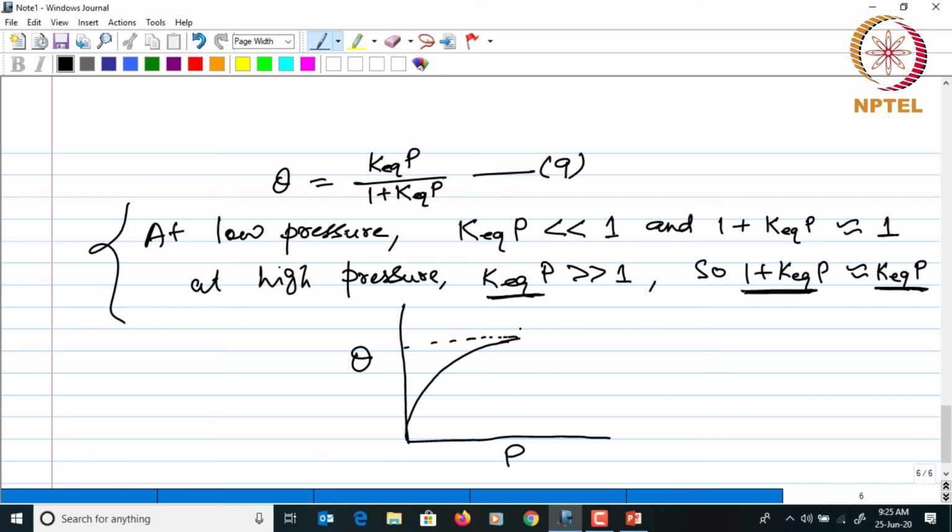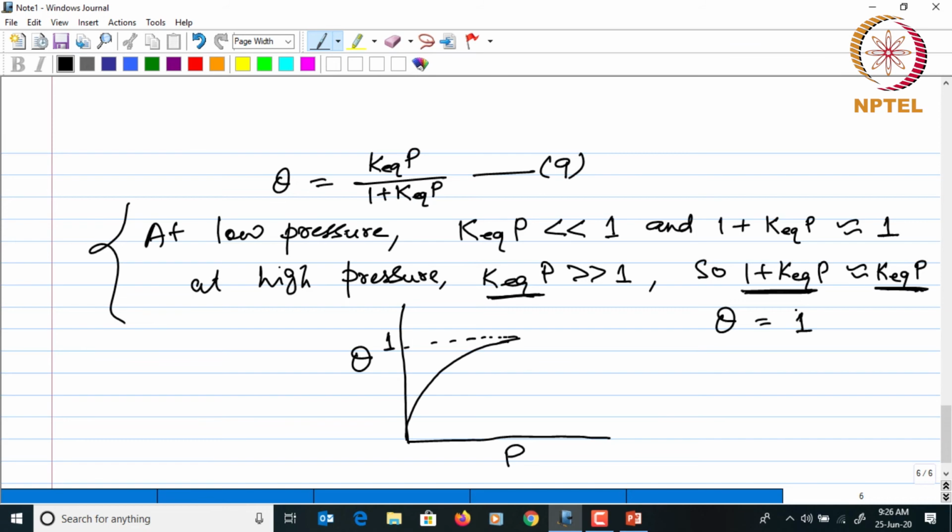Right, so at high pressure, and this becomes equal to this, theta is 1. So what that essentially means is all the vacant sites are now occupied by the adsorbed gas.